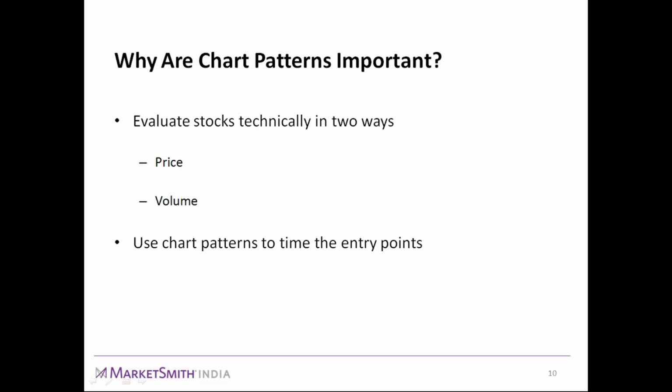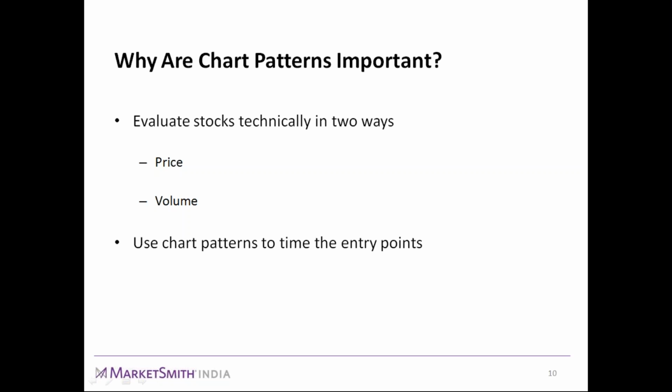So in an uptrend, what you need to see is that when the price is moving north, it is happening on a higher volume. That means more investors are convinced with the growth story in the stock. That means more investors are buying into the stock. While when the stock is going down, you need to see the volumes drying up.